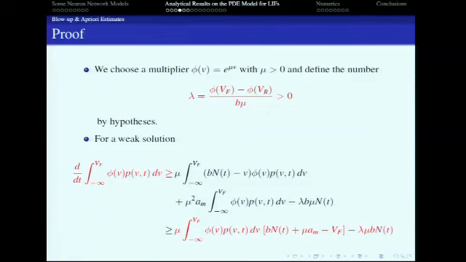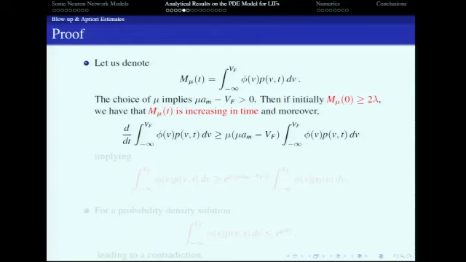Okay? So in this way, if initially it's larger, that term in a small time interval can be made positive. And then I will have that m mu of t is increasing in time. And moreover, I have this differential inequality that just by Gronwall's lemma tells you that this quantity increases exponentially fast in time.